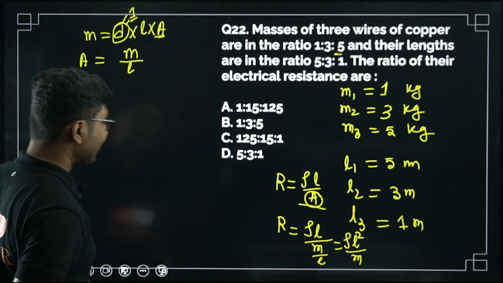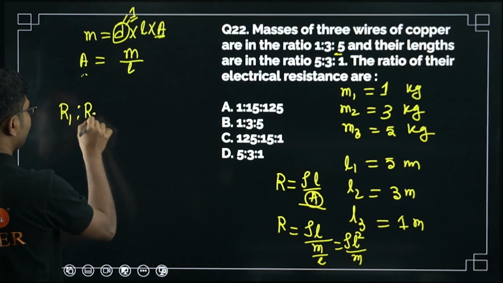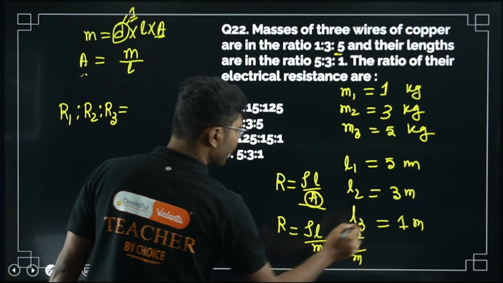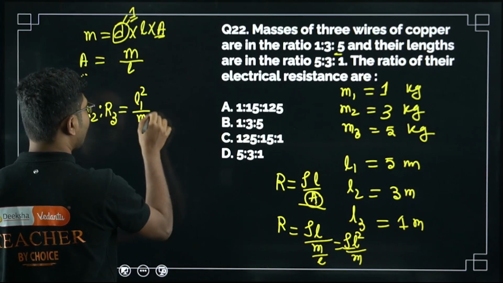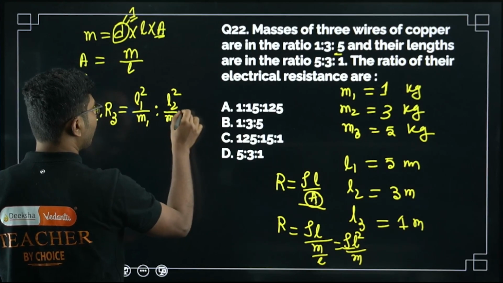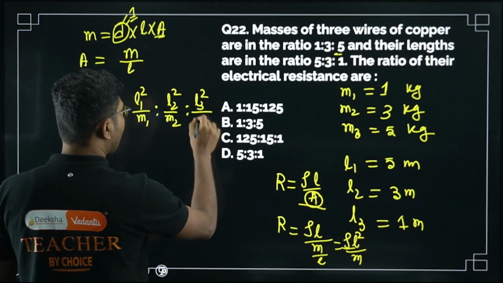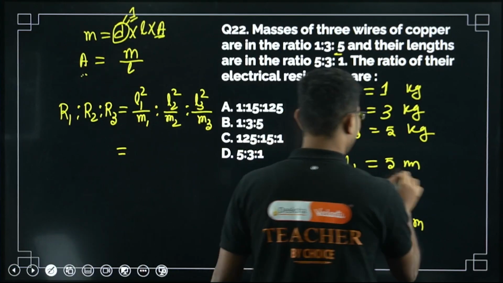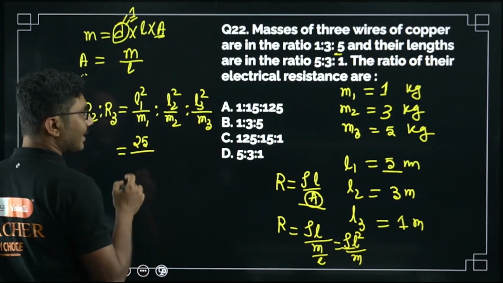So what is the ratio of resistances? R1 is to R2 is to R3 is basically, rho is constant for all of them, so L1 square by M1 is to L2 square by M2 is to L3 square by M3. Now let's put the values. L1 is 5, 5 square is 25, divided by M1.